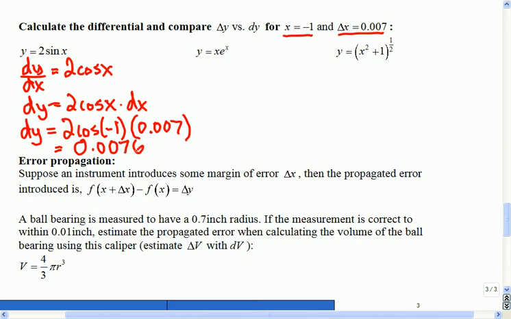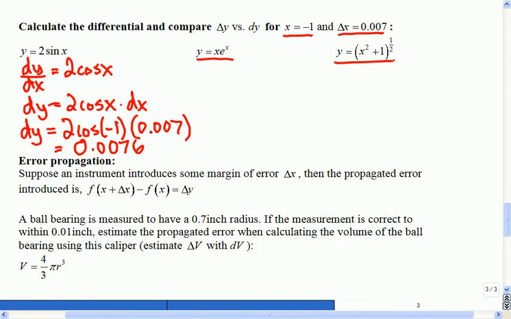Okay, so what this means is, if you're at the point x equals -1, and you're going to move 0.007 in either direction, we would expect that's going to change the function by about 0.0076. Okay, so try it and see if you can come up with how much change will be introduced if we use these two functions but the same values for x and delta x.